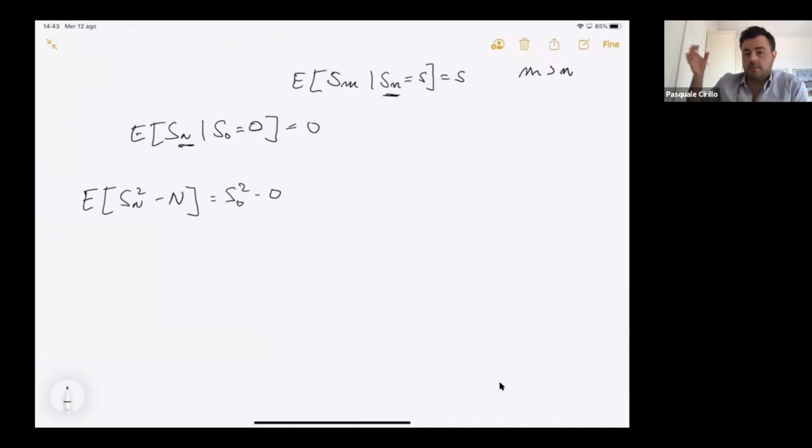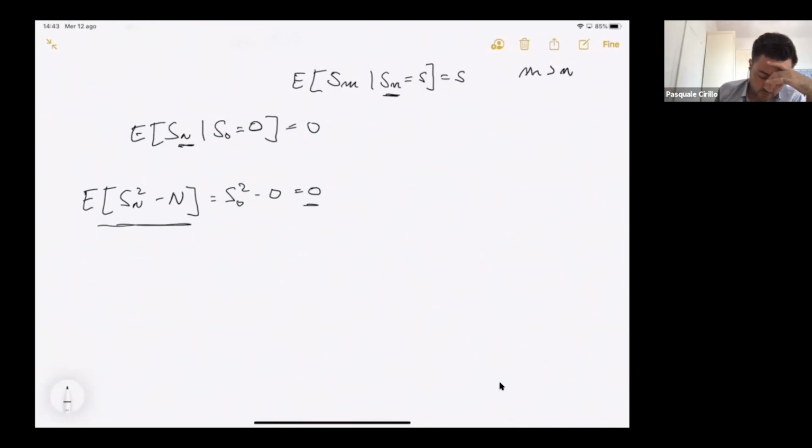Because at time 0, n is equal to 0, and S0 squared is equal to 0 itself. So this expectation needs to be equal to 0. Why is this result useful?